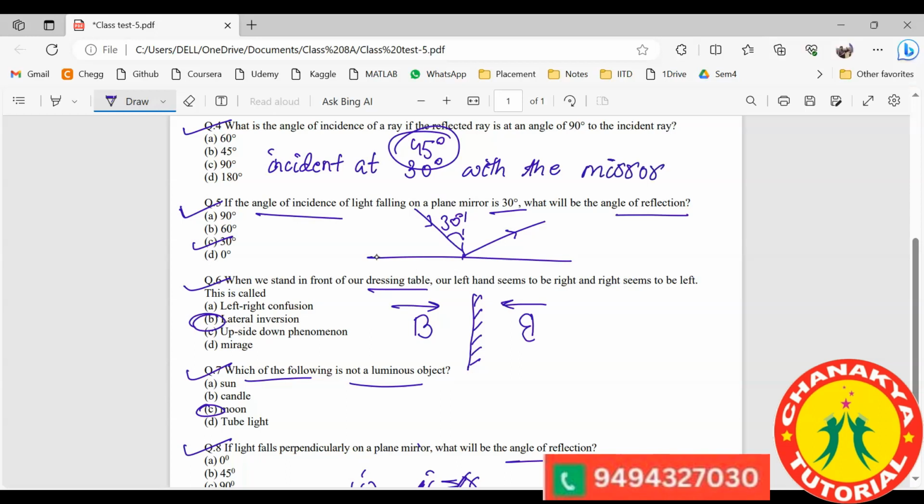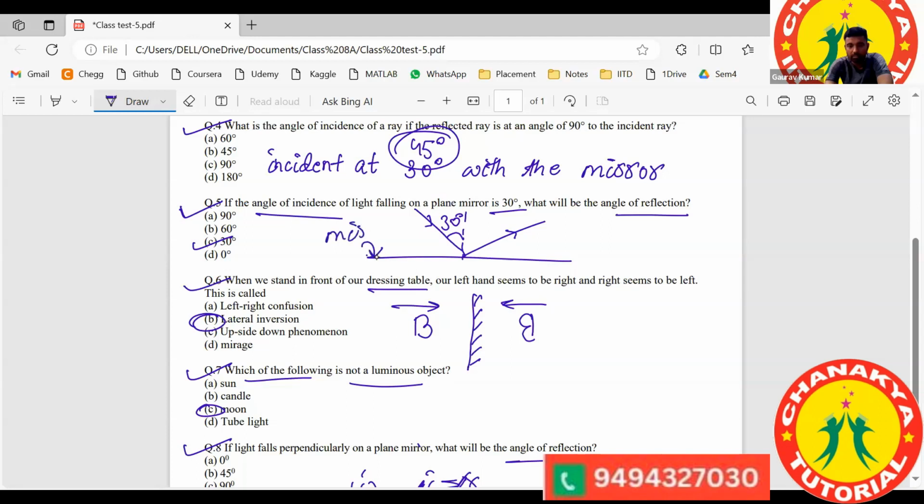Listen to me, your doubt will be clear. There is a difference depending on what reference we take. Do you understand the term reference? Yes, sir. If I take this mirror as a reference, and if I take this normal, the normal is also a reference. So it depends upon our perspective which one we are taking.